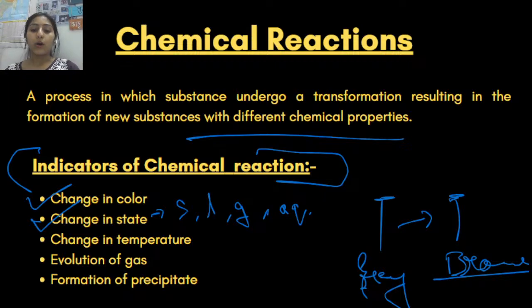Suppose we are dissolving salt in water, right? The properties of salt have changed now. Can we undo this process? No. So this process would be regarded as a chemical change. The properties have changed, and now a chemical reaction is taking place.